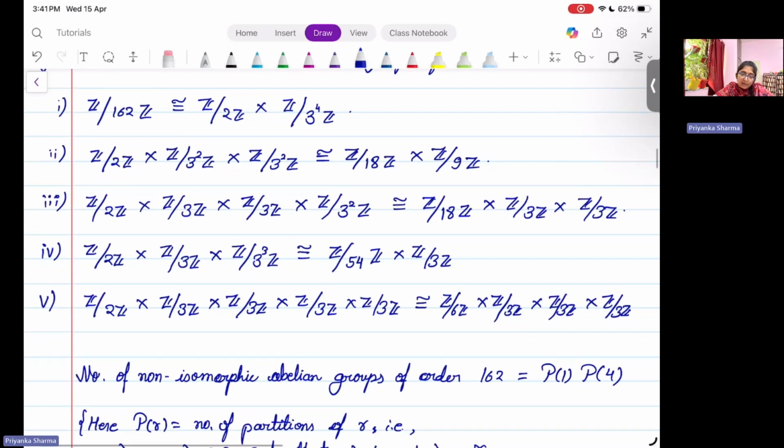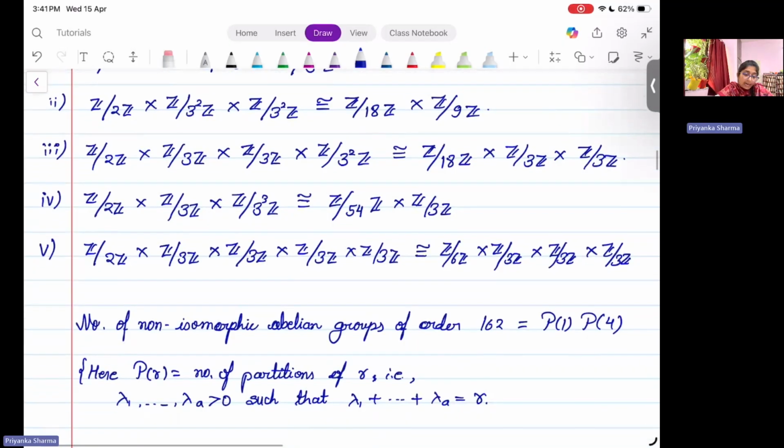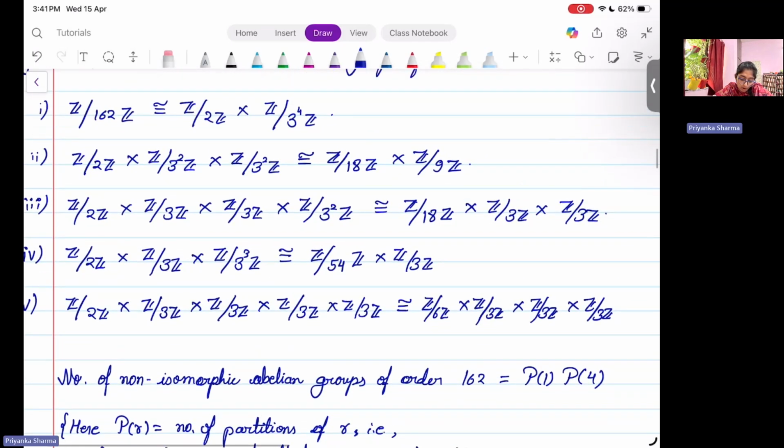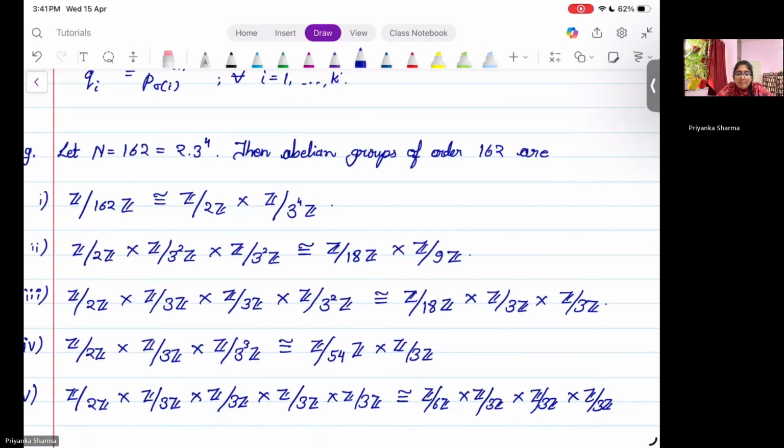So we can notice here that the number of non-isomorphic abelian groups of order 162 is the product of the number of partitions of the powers of prime numbers appearing in the prime factorization. Here in 162, we have 2 to the power 1 and 3 to the power 4.